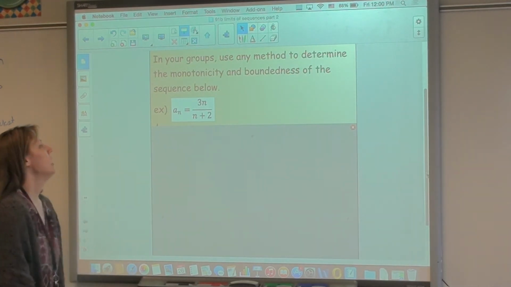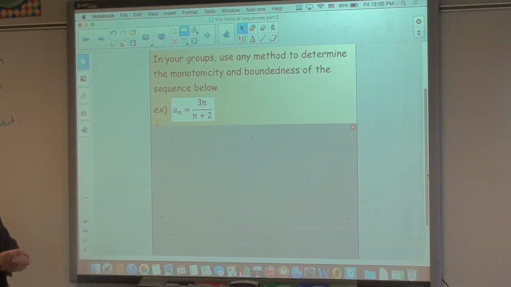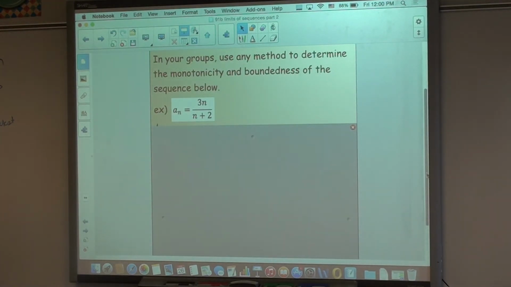So for this one, I want you to see if you can determine if the function is monotonic and then determine its boundedness. You can use any method you want to determine if it's monotonic. Sometimes just listing the first 5 or 6 terms can help you. Especially helps you to determine if it's not monotonic. But you can do it just by looking for patterns.